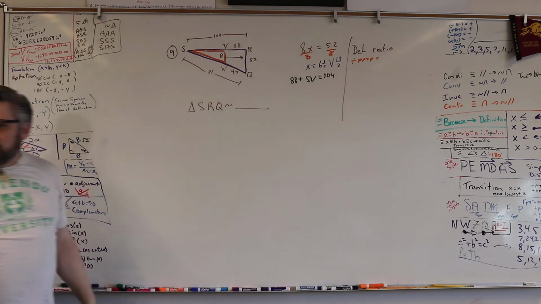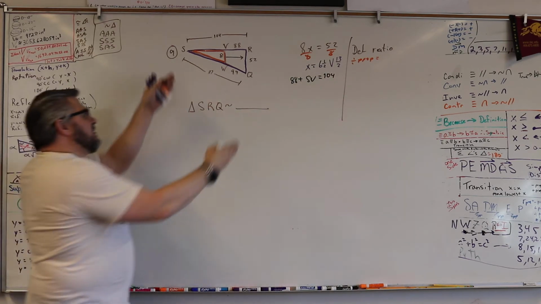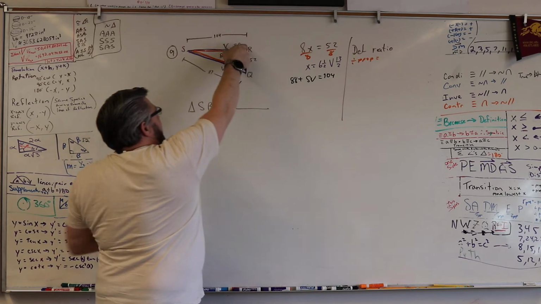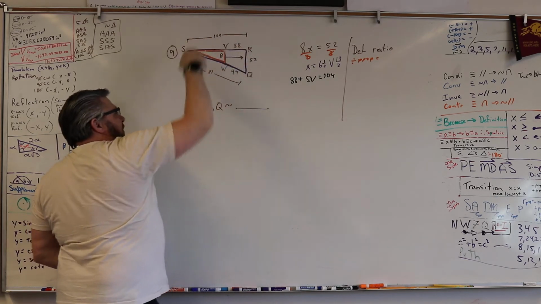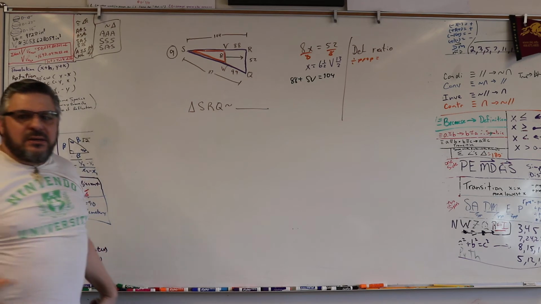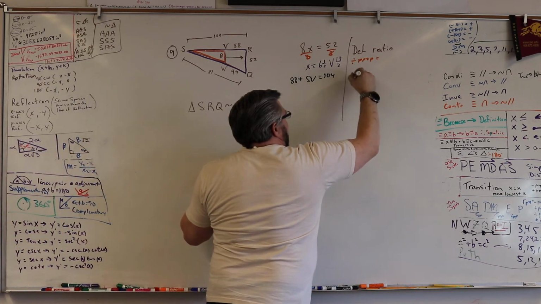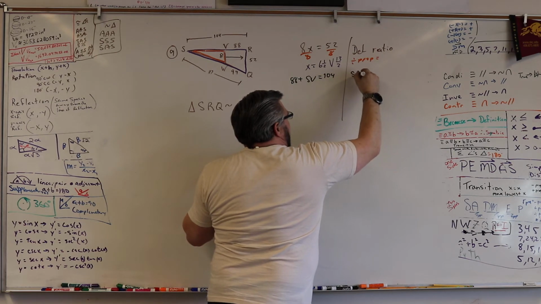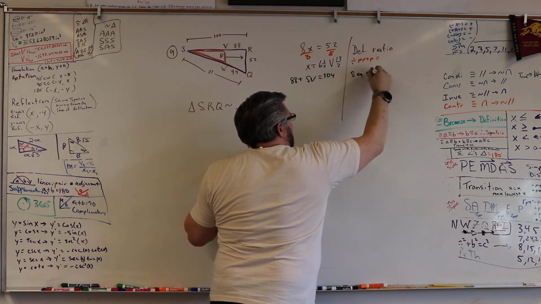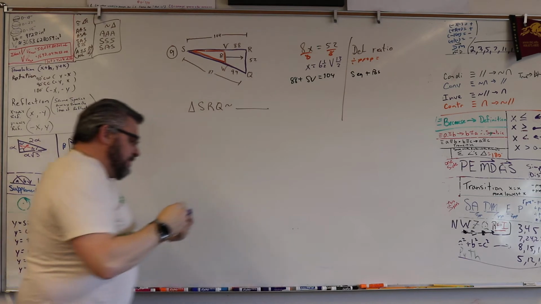Does that make sense? Because the big piece is 104. This piece is 88. So this little piece, SV, should be the difference. So how do I know this? Segment addition postulate, right? Okay?